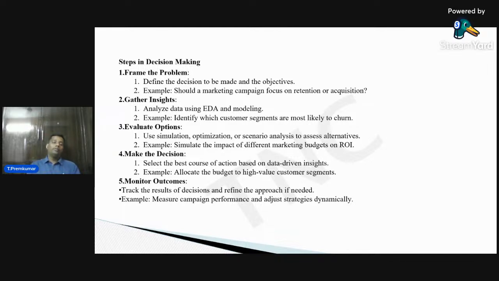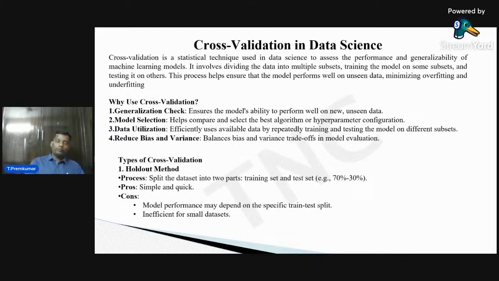Finally, we go for decision making and monitoring the outcomes. In decision making, we select the best course of action based on the data-driven insights. The next one is monitor outcomes, which tracks the results of the decisions and refines the approach if needed.